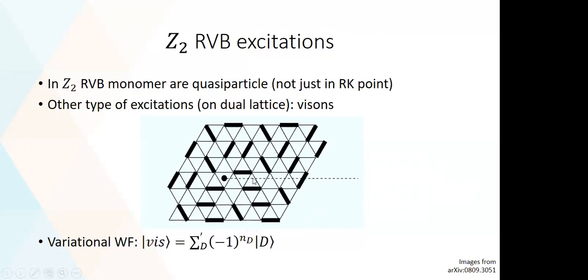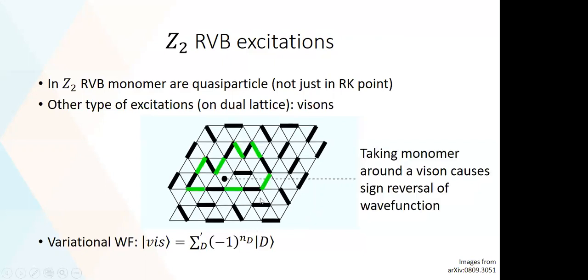Well, this is the excited state with vison living on this site. What is the vison? Is there like a local operator that will tell me where the vison is sitting? Yes. Good question. So if you were to take a dimer, a monomer, and move it, loop it about a vison, you'll get a sign reversal of the wave function.